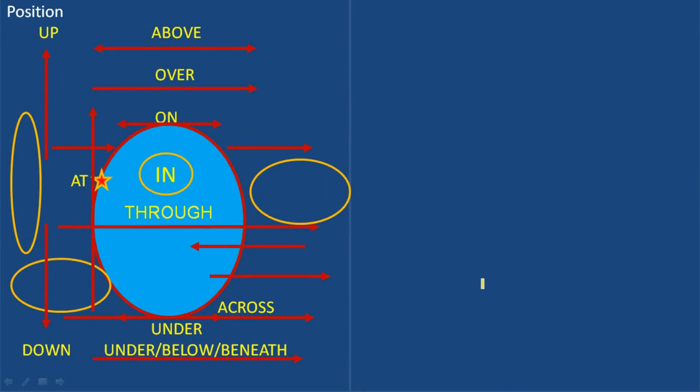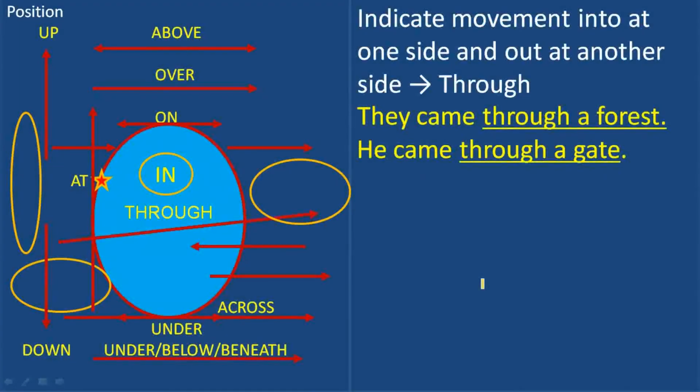When something goes within something from one side to another, that time we use through. Here we notice an arrow is moving. This comes from this side to that side. For example, they came through a forest. We came through a gate.